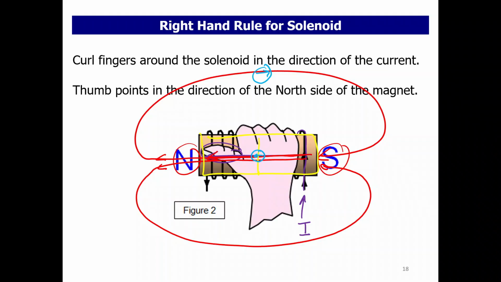So if I was to look down the central axis of that tube, my field on the inside would be in the exact opposite direction as the field outside. And that's true for a single loop or for a solenoid. What's going on inside the loop is going to be opposite of what's going on outside. And this right-hand rule gives you what your field is doing inside.